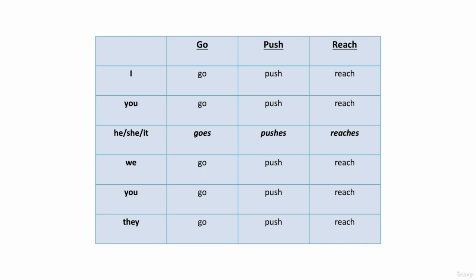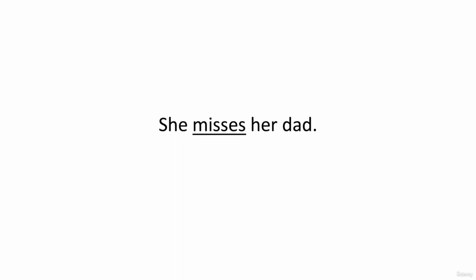And we spell reaches R-E-A-C-H-E-S. For example, she misses her dad. The verb to miss ends with two S's. Therefore, we add ES with the third person singular.